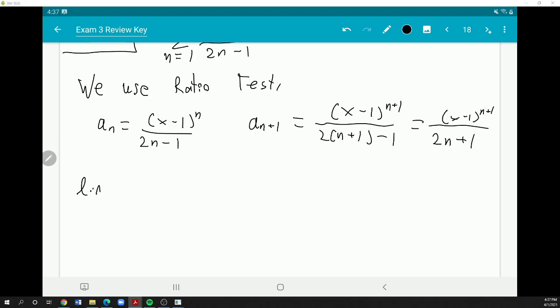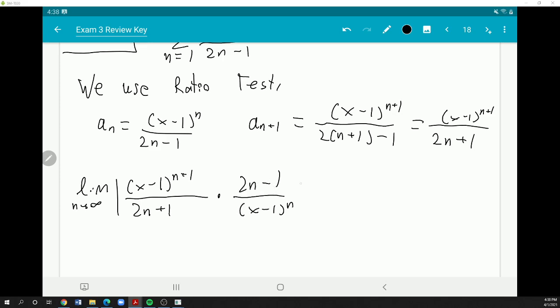Now we look at the limit as n goes to infinity of a_(n+1) over a_n, which is the same thing as (x minus 1)^(n+1) divided by (2n plus 1) times (2n minus 1) over (x minus 1)^n. If I want to divide by a fraction, I multiply by the reciprocal.